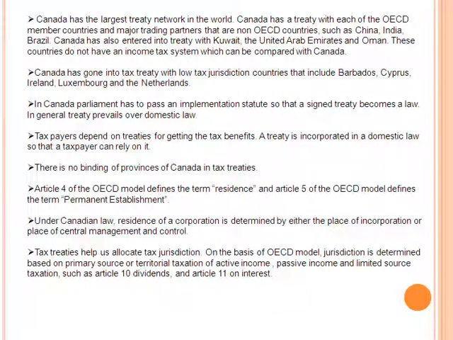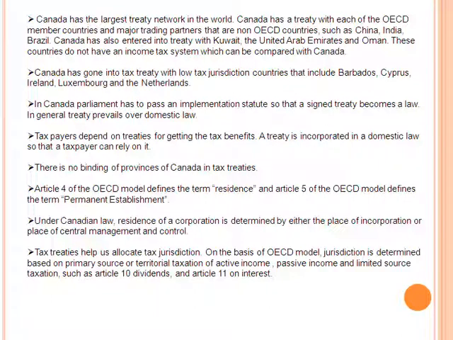Canada has the largest treaty network in the world. Canada has a treaty with each of the OECD member countries and major trading partners that are non-OECD countries, such as China, India, and Brazil. Canada has also entered into treaty with Kuwait, the United Arab Emirates, and Oman.